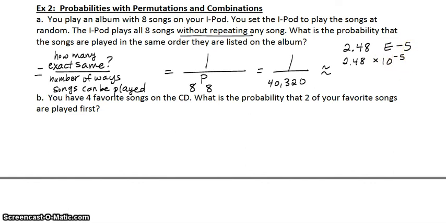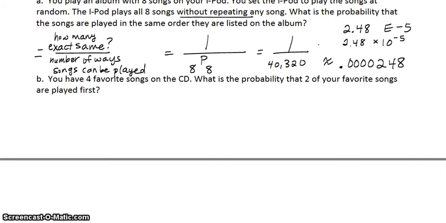And hopefully you remember this from science class, but when I have a -5 for my scientific notation, I move my decimal to the left 5 places. And now when I move it to the left 5 places, there's 1, 2, 3, 4 open spots that I need to add zeros on then. So 0.0000248 is actually the probability. Really, really, really small chance of that happening.